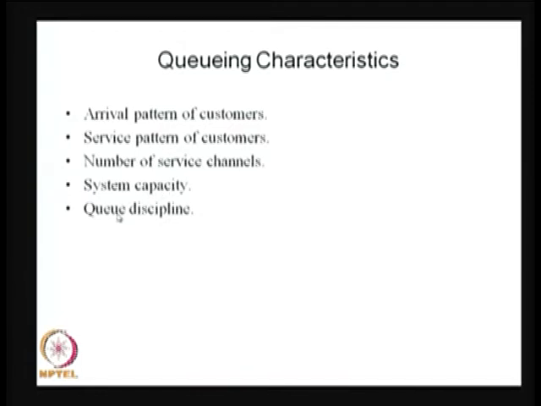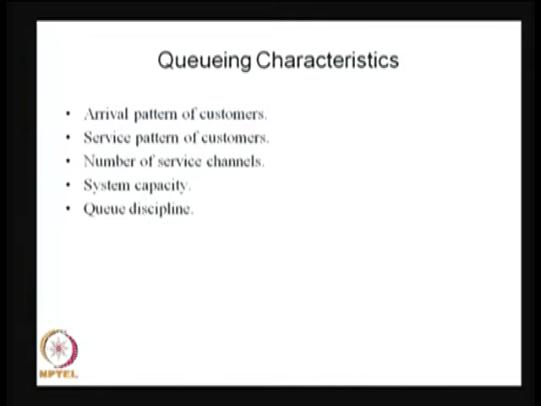The next one is the queuing discipline. When the customers enter the system, whether they are served or placed in first come first served order, or last come first served, or random fashion, or priority based, and so on. The queuing discipline is also important to know the dynamics of the number of customers in the system, and you should know how the queuing discipline is handled.